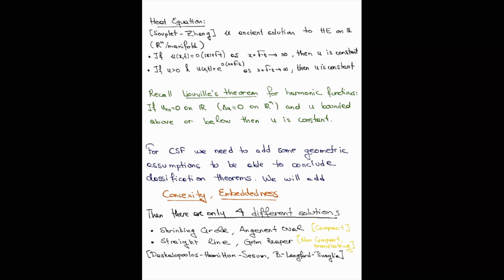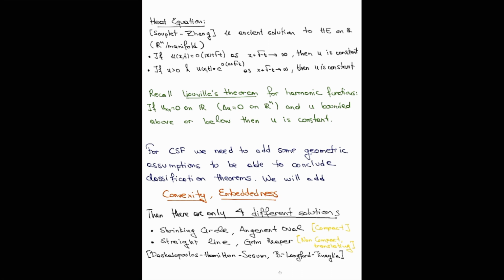There is a shrinking circle. There is the Angenent oval. These are both compact examples, and I'm going to explain what this is. And if you add the non-compact case, you have the straight line, and you have a solution called the Grim Reaper, which I'll also define. This was a theorem of Daskalopoulos, Hamilton, and Sesum in the compact case.